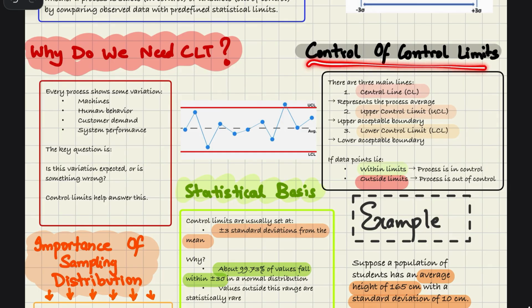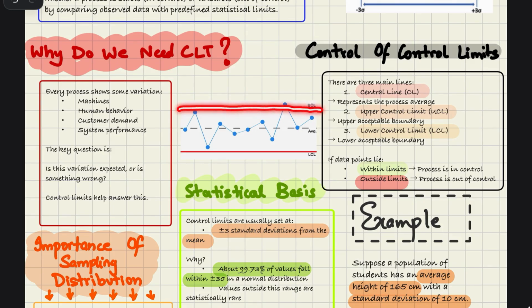So you see, in control limits we have 3 major lines. First is the central line, which represents the long term running process average. You see here the dashed black line, this is the average, the central line. Then we have the upper control limit, the upper acceptable boundary.